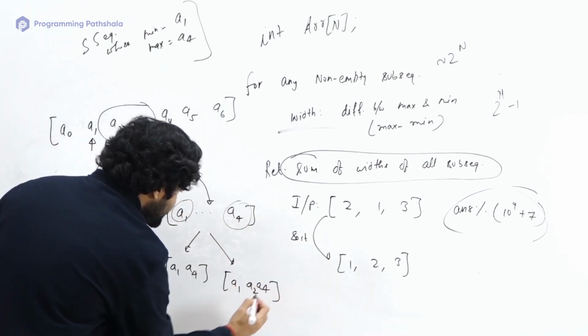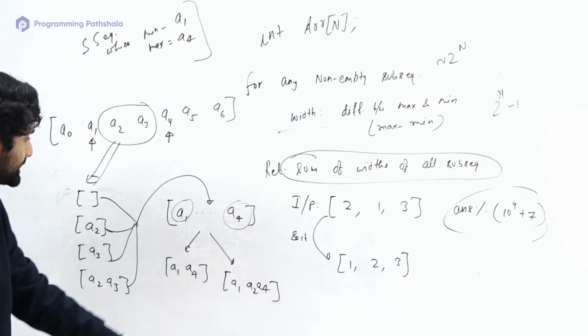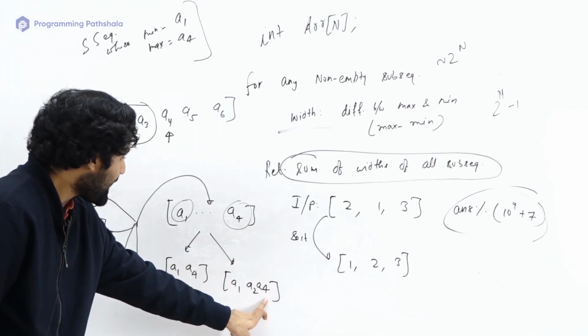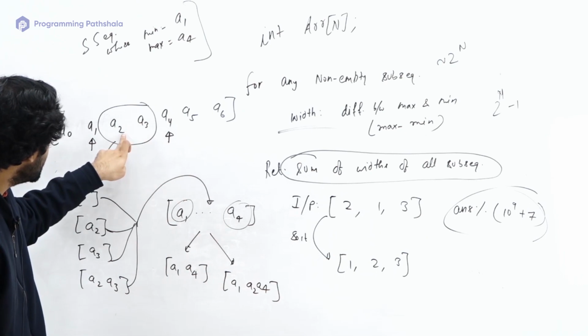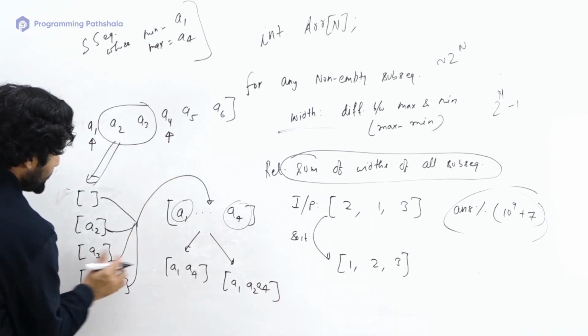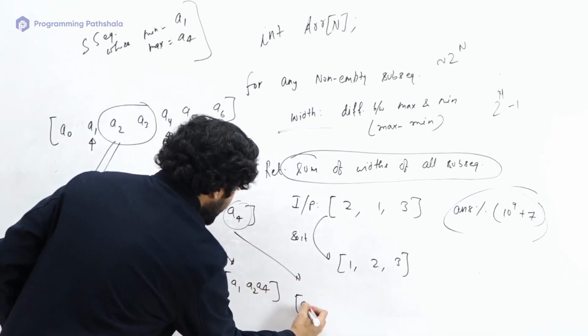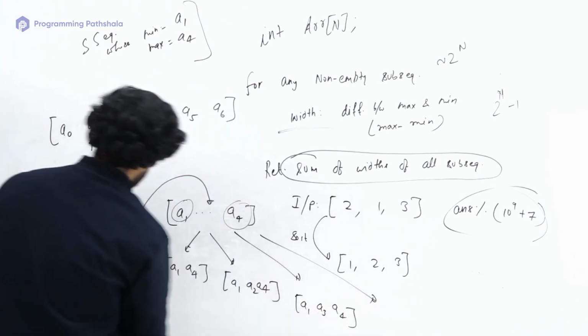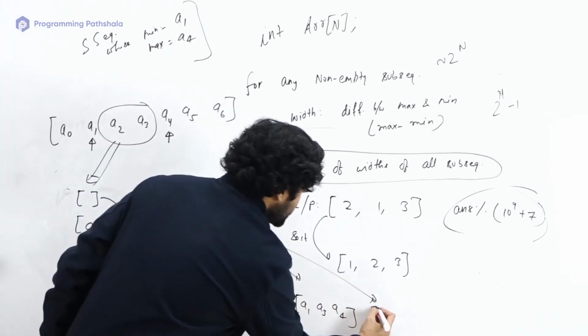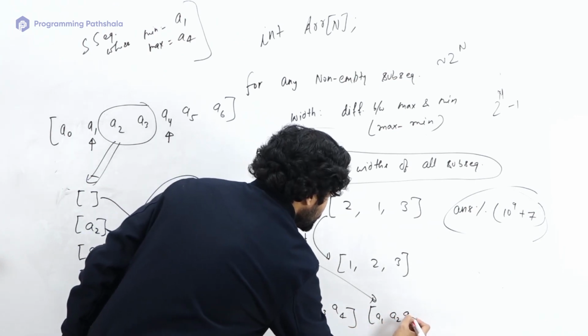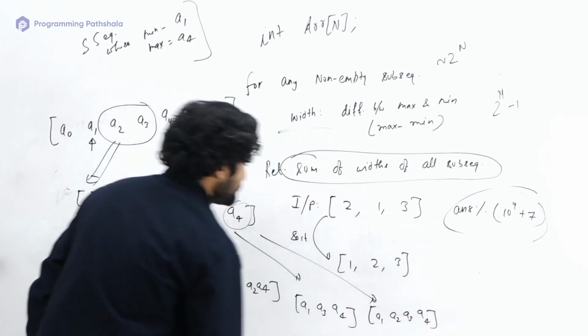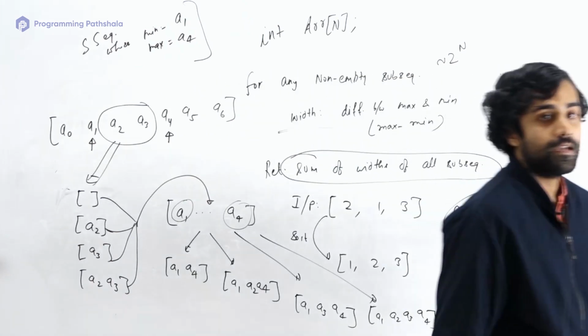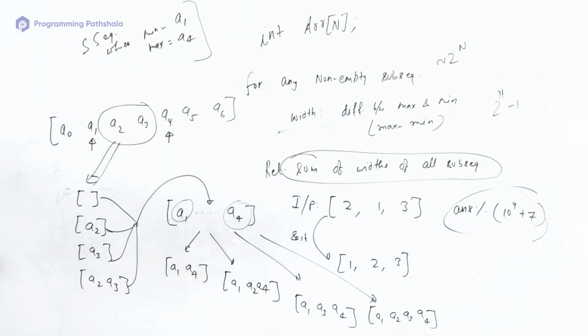It makes sense, because this is again a subsequence where the minimum is A1 and the maximum is A4, because A2 lies in between them. Similarly, if you put A3, you will get A1, A3, A4. And finally, if you put A2, A3, you will get A1, A2, A3, A4. Do these arrows make sense to you guys?